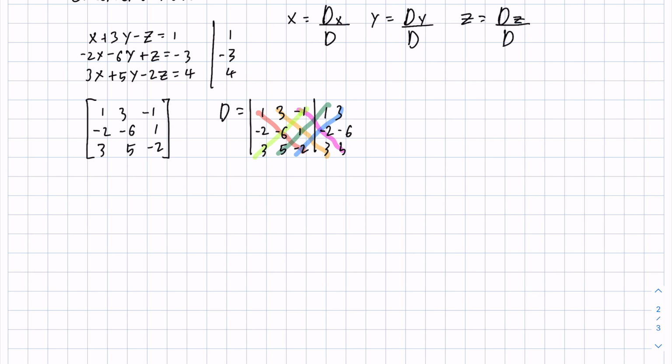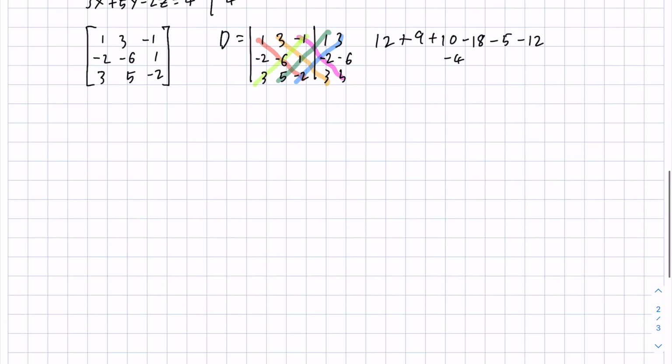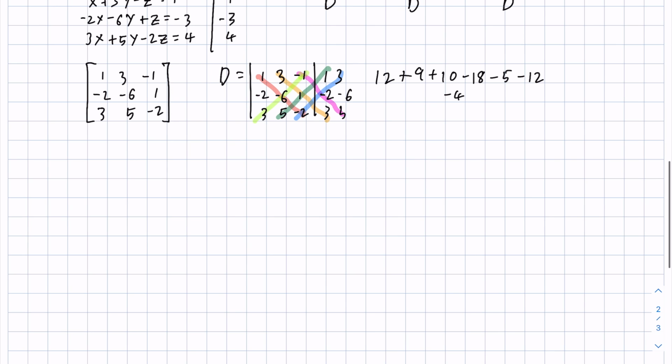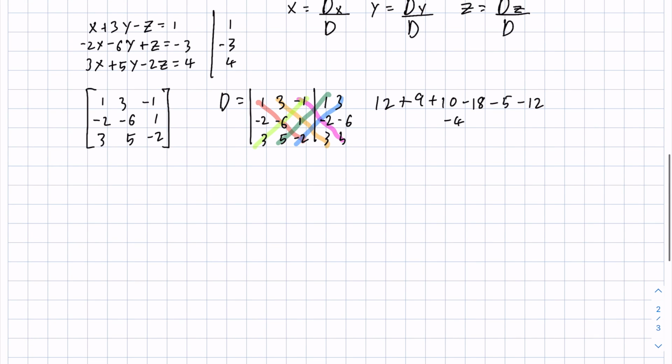So it's -6 times -2, 12, then plus 9 plus 10, minus 18, minus 5, minus 12. You'll end up getting -4. I solved for the determinant of the coefficients, and I got -4 as the determinant. And so that is what D is. The D is just the determinant.